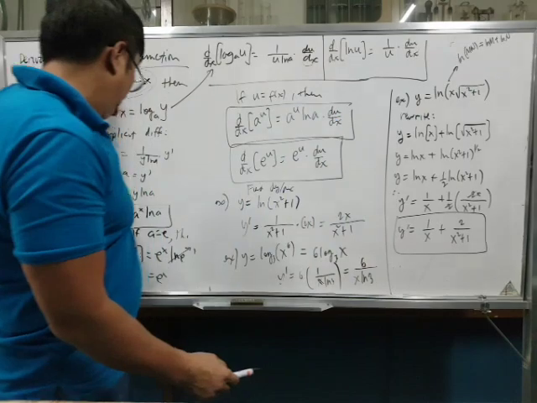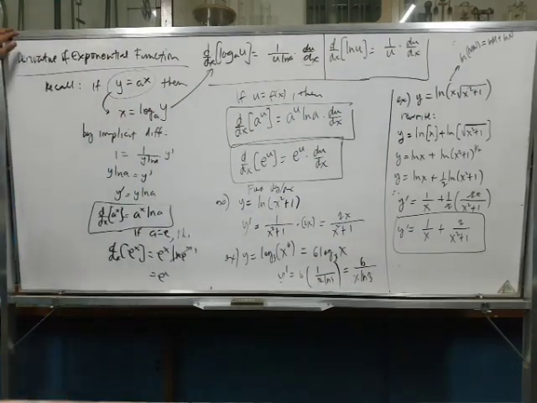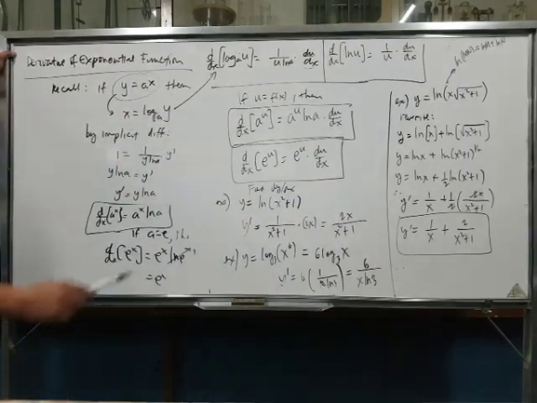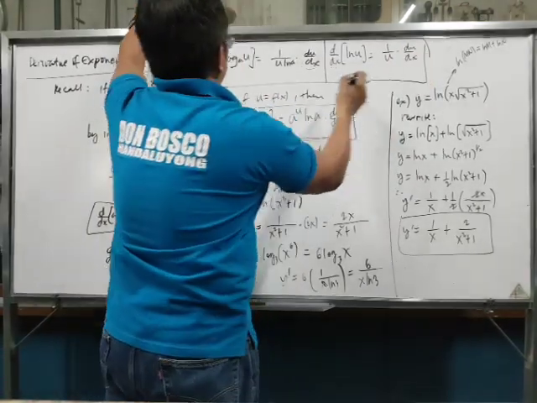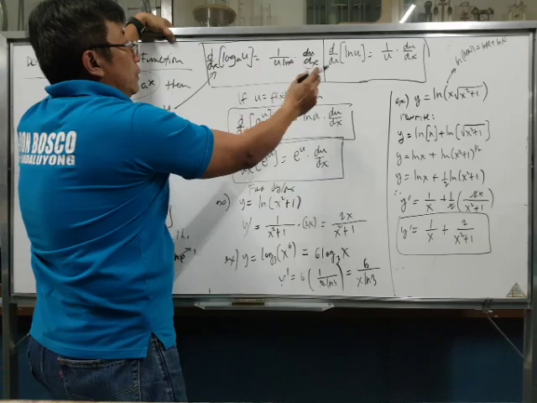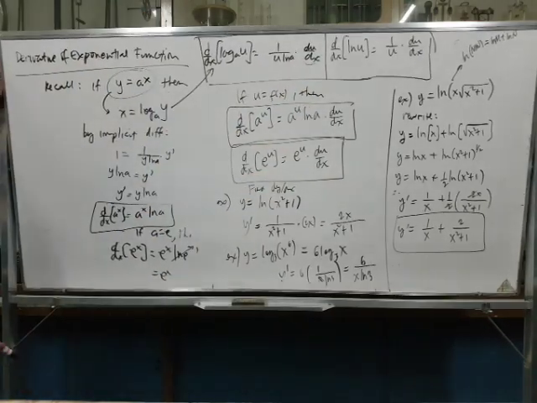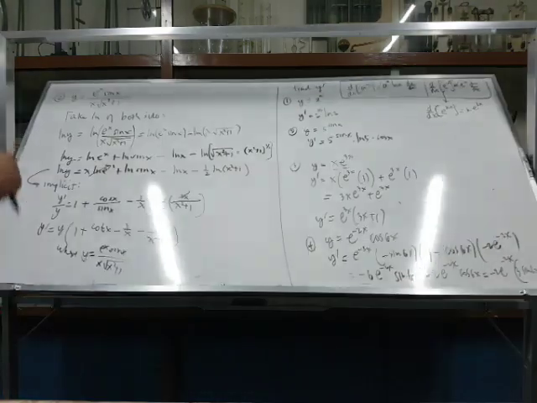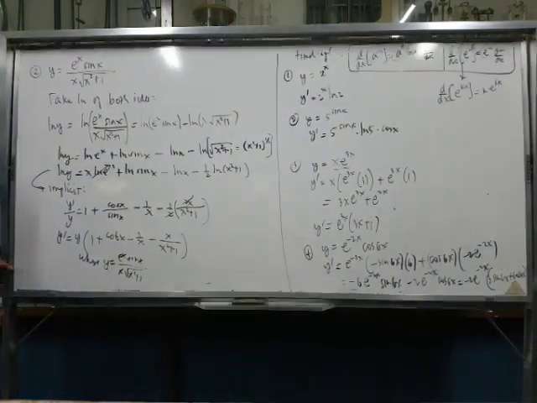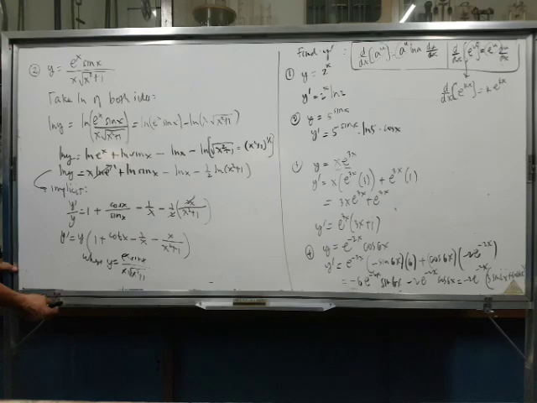Okay, so just remember these formulas here: the derivative of the logarithm of u, then the derivative of an exponential function, and then you can go back to the derivative of logarithmic differentiation. Okay.